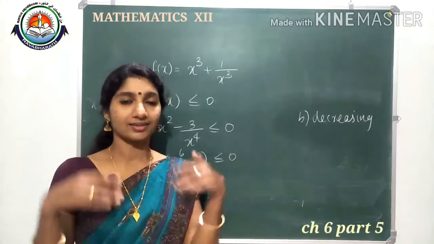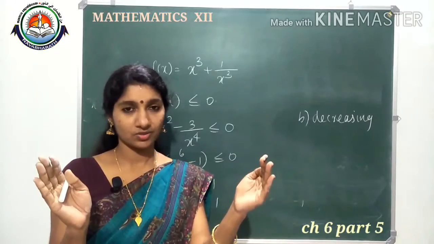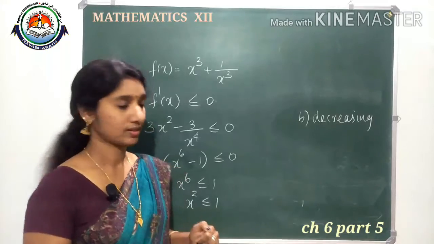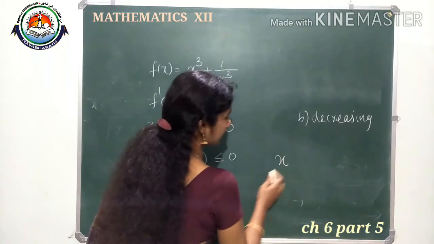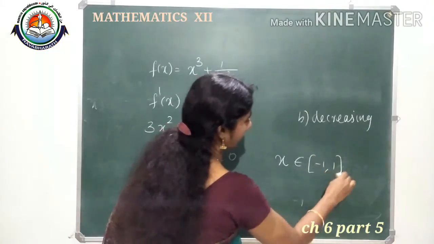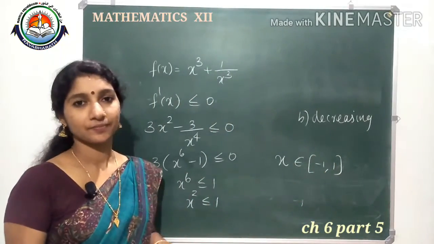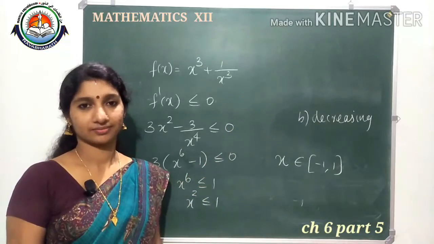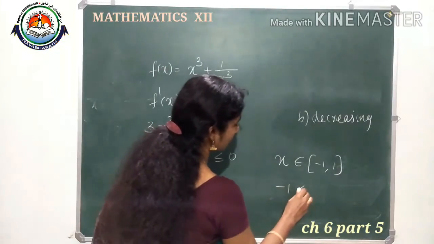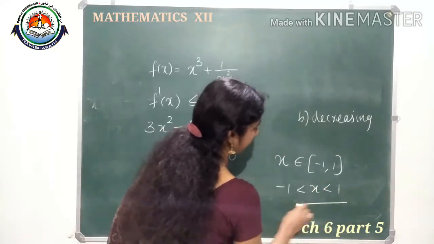So in between minus 1 and plus 1 we are getting x square less than or equal to 1. So we can write x belongs to minus 1 to 1; this function is a decreasing function. Okay, so the values you can write like this: minus 1 less than x less than 1.